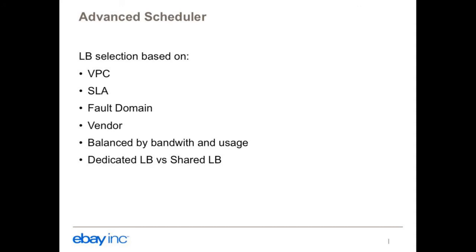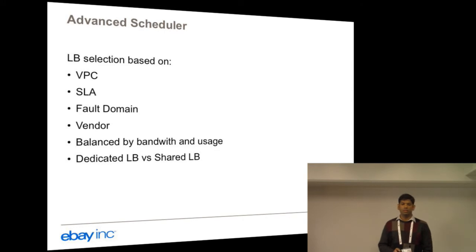Okay. All right. So we also implemented advanced scheduling algorithms to cater to different needs. LB selection is done based on the two-stage LB scheduler we implemented. The factors are: what VPC the tenant is coming from, what kind of SLA they require, what the fault domain is, whether it is a production or non-production workload, who the vendor for the LB is, and how loaded the LBs are. We do statistics of LBs, see how loaded they are, and decide which LB will get the next web provisioned on it.